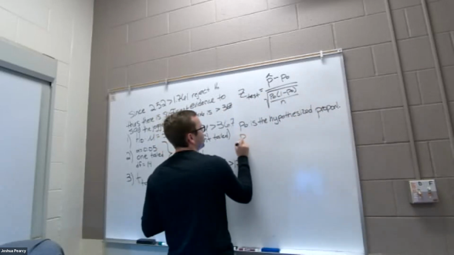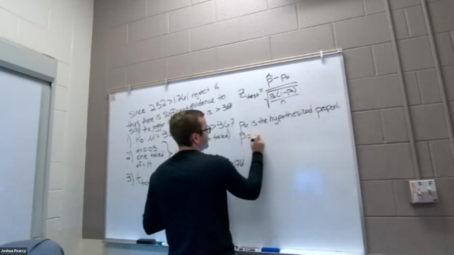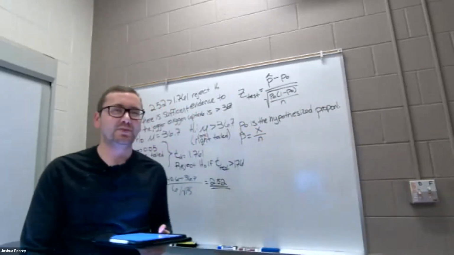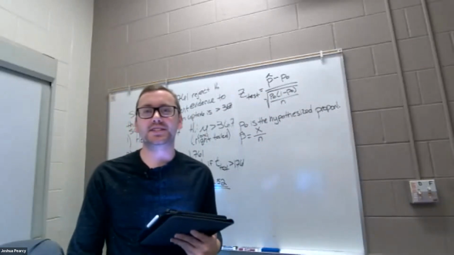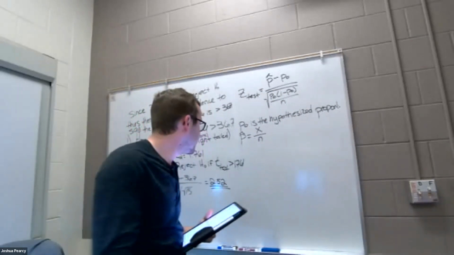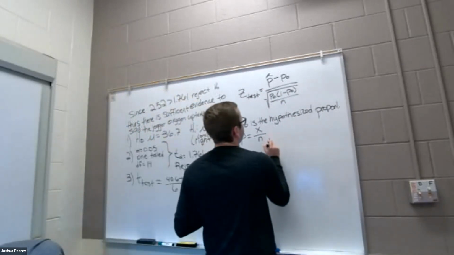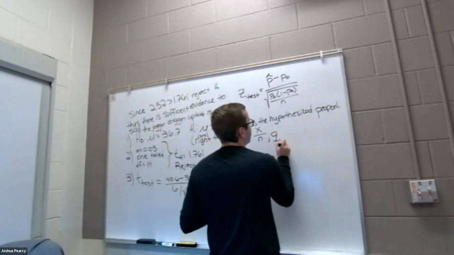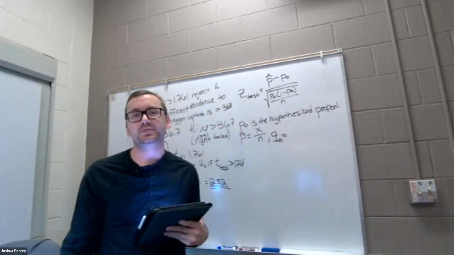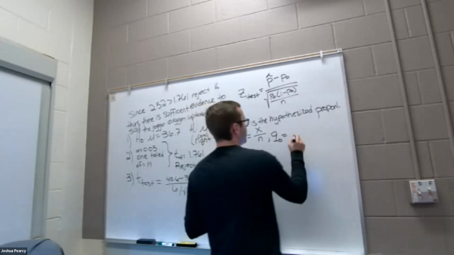P hat, the sample proportion, is equal to X over N, where X is the number of people who possess some characteristic of interest, and N was the total sample size. And then we also say that Q naught is equal to, what do you think? Yeah, 1 minus P naught.